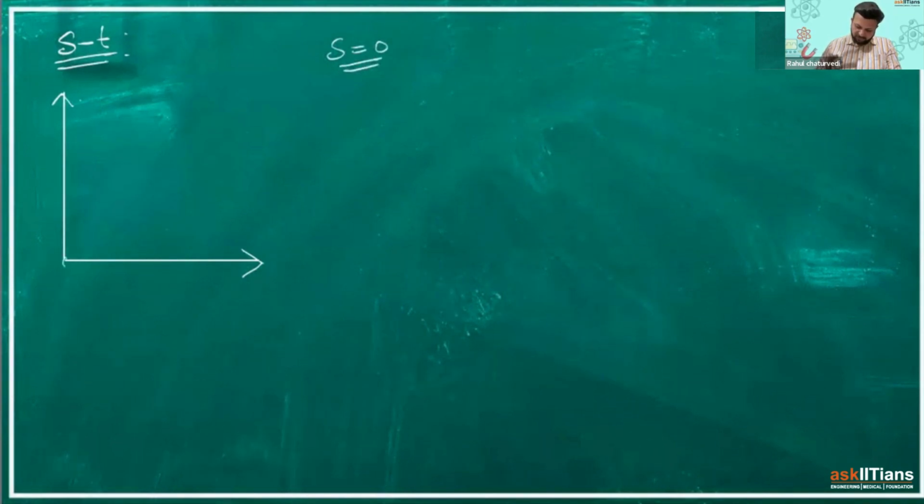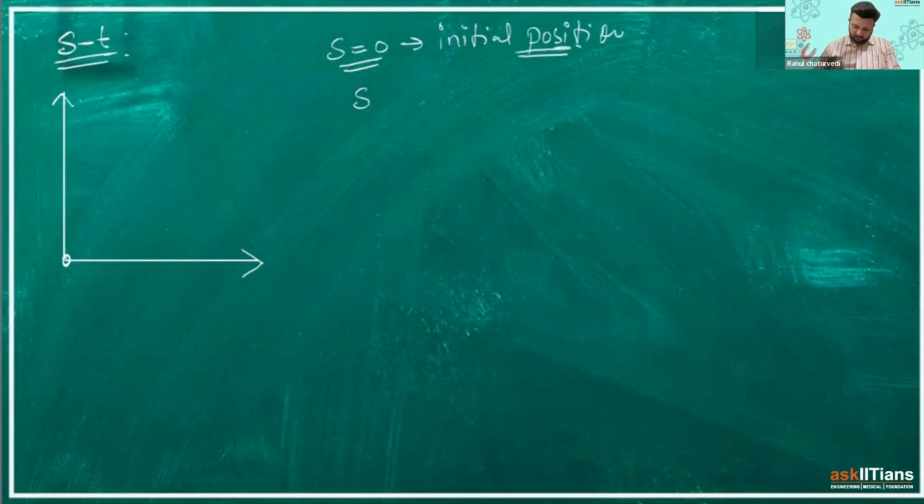So since the initial position is S equal to 0, the graph will be something like this. So S is equal to the initial position. If I'm saying the initial position has some initial velocity, then this is equal to ut plus half at square, right?